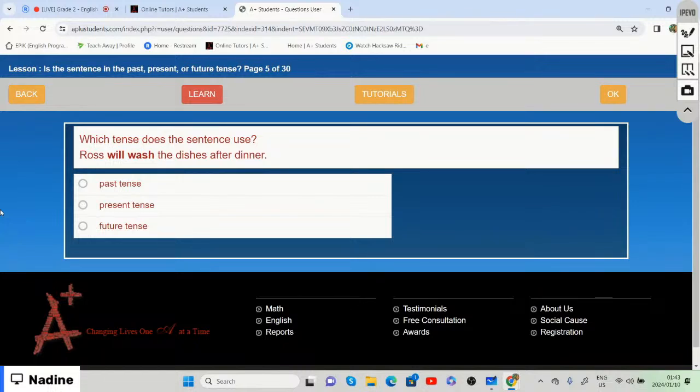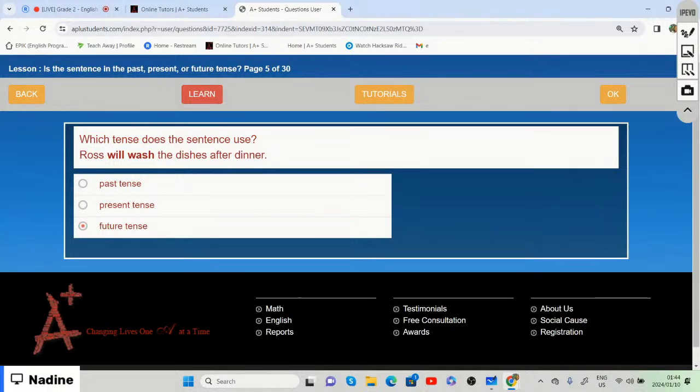So if you use the word will, then we can say will is in the future tense.